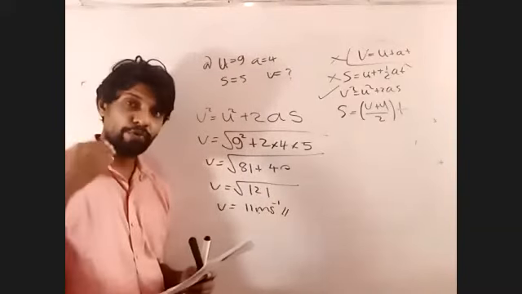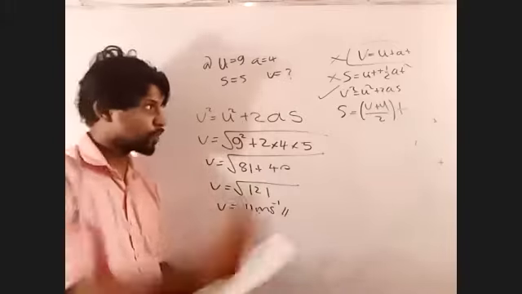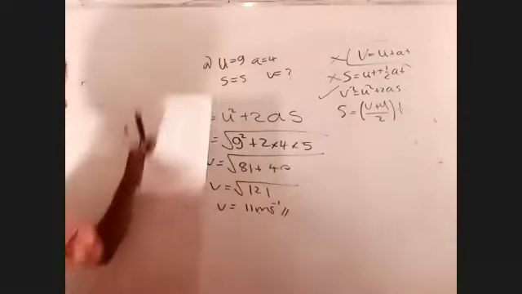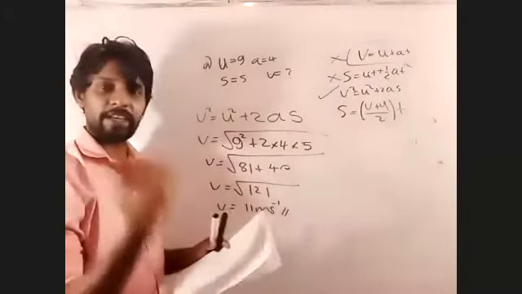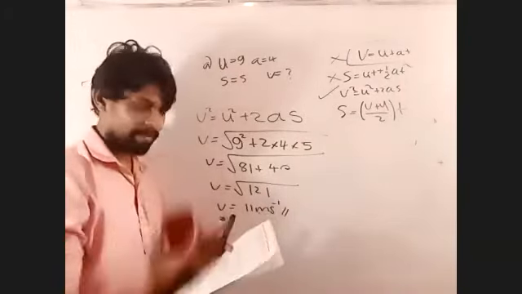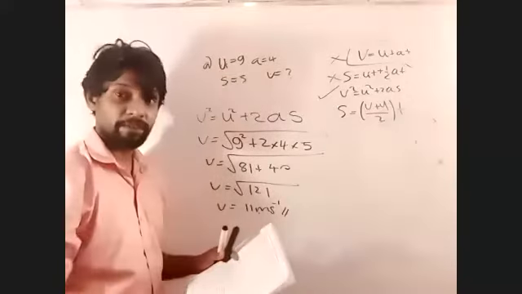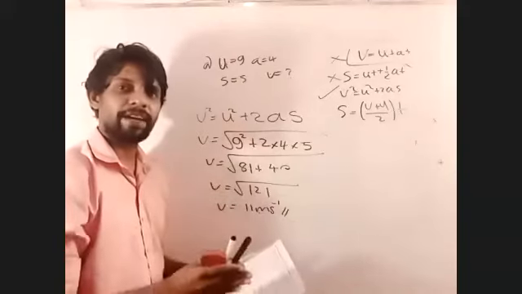Now I will give you the second one to do. Choose the right equation and then apply the values, the known ones and unknown ones, subject the unknown one and find the answer.